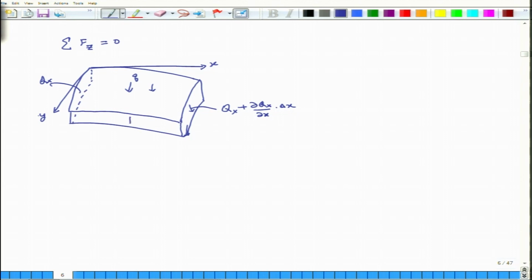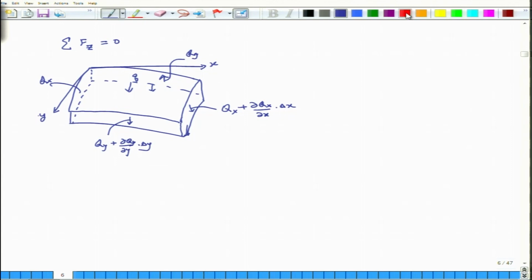Likewise, you also have Qy plus del Qy over del y times del y, and likewise on the other face we have Qy moving up.